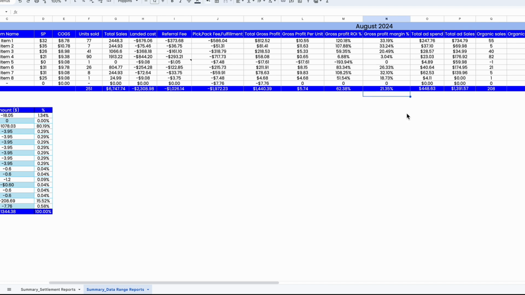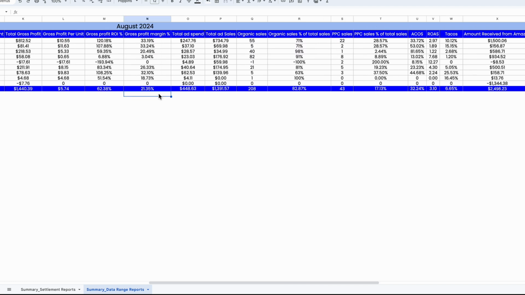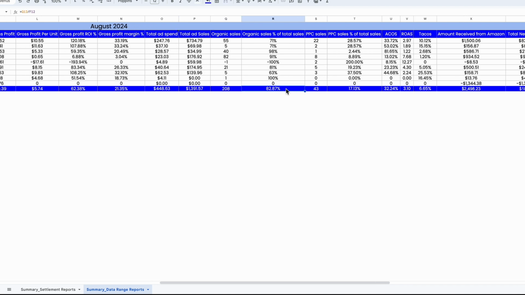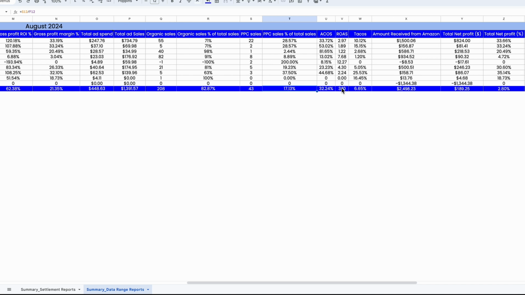You can see in this particular case, the seller has got a gross profit margin of 21%. And then if you go further towards the right, you get to see your ad metrics. You can see the total ad sales and organic sales percentage. Here you see in this case they have got close to 82.87% of their sales organically, and then the remaining 17.13% of the sales from PPC.